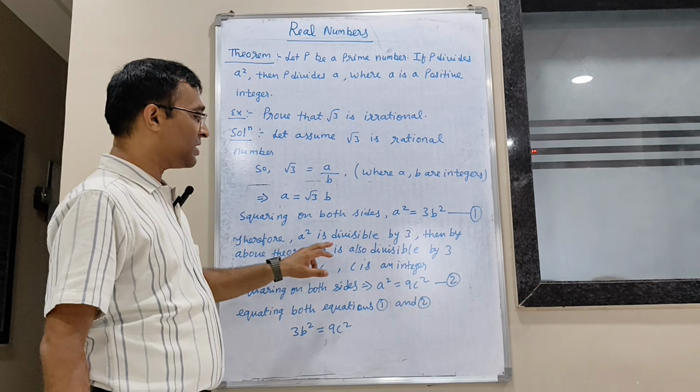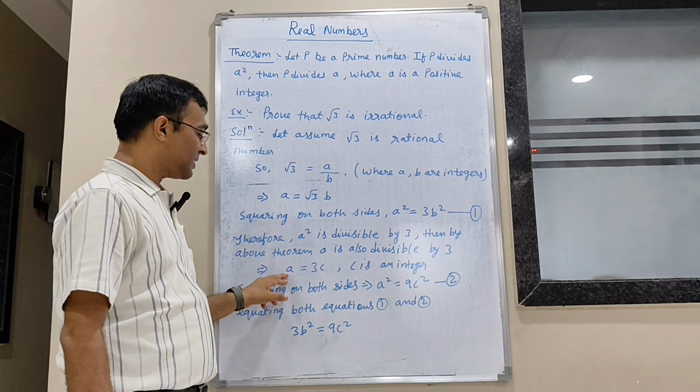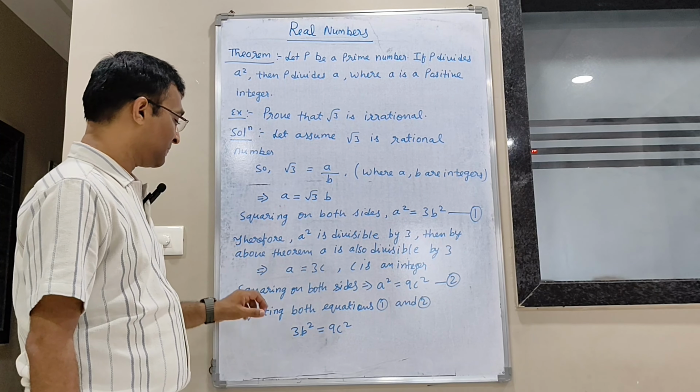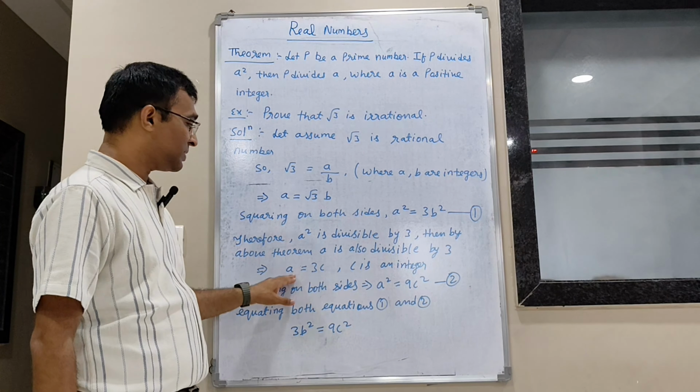This is what the theorem explains. Again, if a is divisible by 3, we can express this as a equals 3c, where c is an integer. Squaring both sides again, we obtain a square equals 9c square.